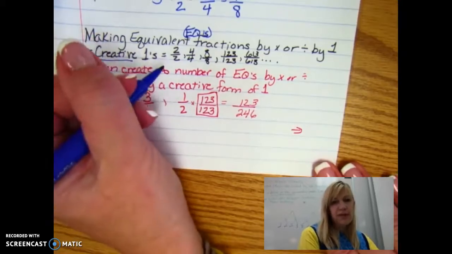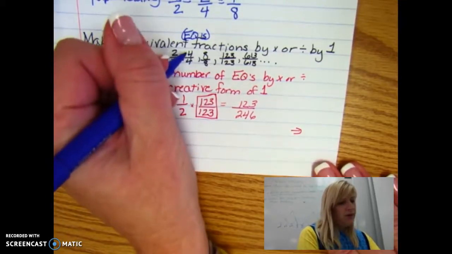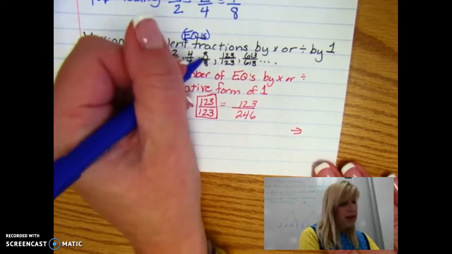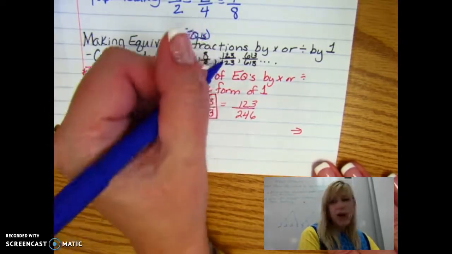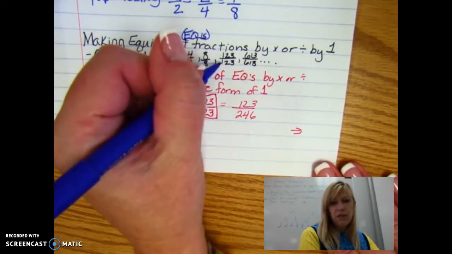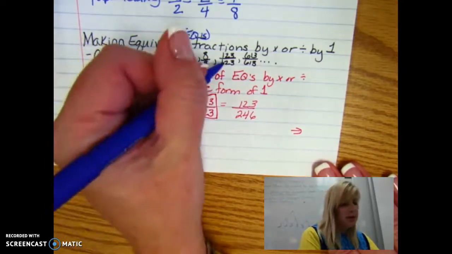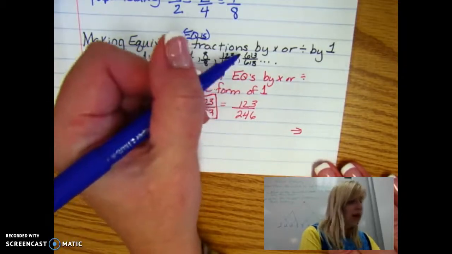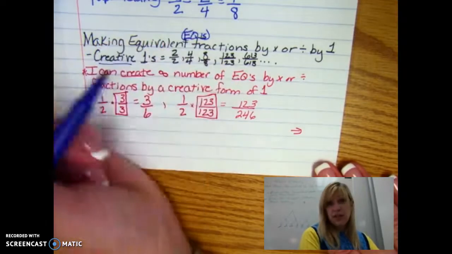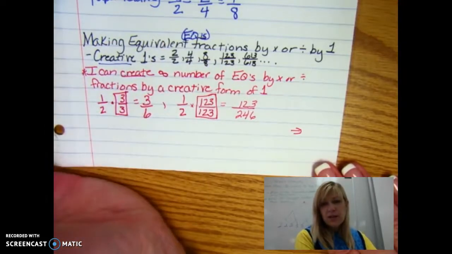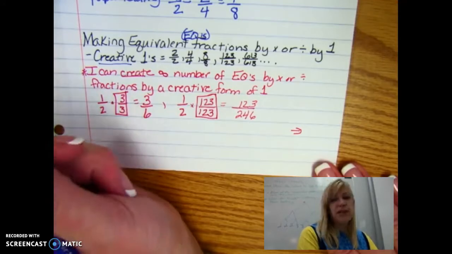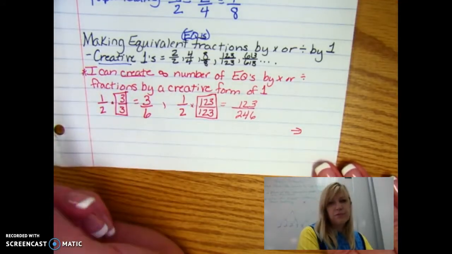If I get 2 halves, that's 1. 4 over 4, 4 fourths is 1. 8 eighths is 1. 123 over 123 is 1. I've just cut the candy bar into 123 little pieces. 613 over 613 is also 1. You get the point. We can do that infinitely until the cows come home, which they never do.